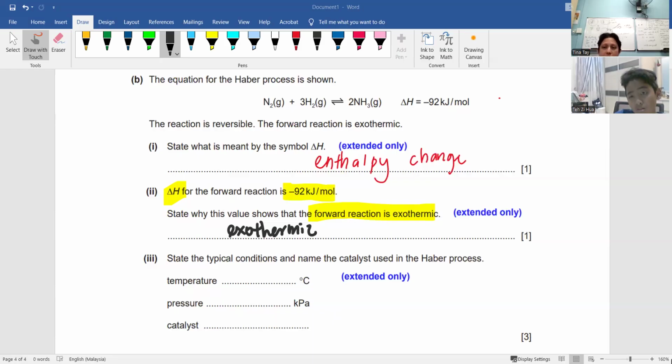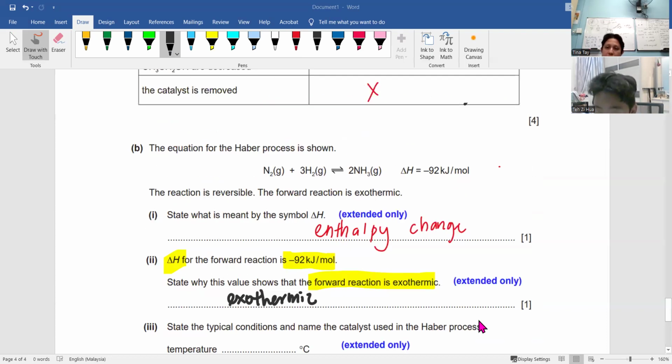Didn't you write down notes just now? What were you doing just now? Zihua, I just taught you 5 minutes ago. What were you doing? Didn't you write it down? You didn't write it down? Then what were you doing? So just now the definition also you cannot remember because you didn't write it down.